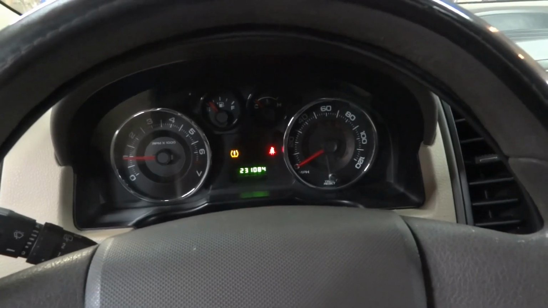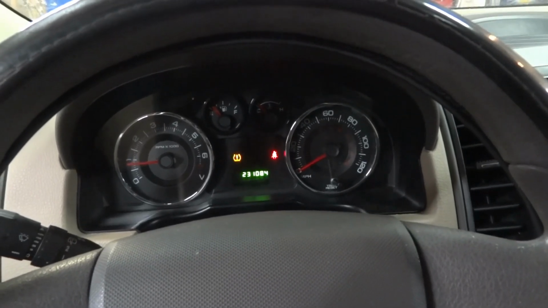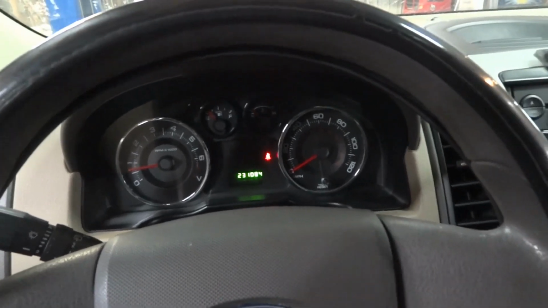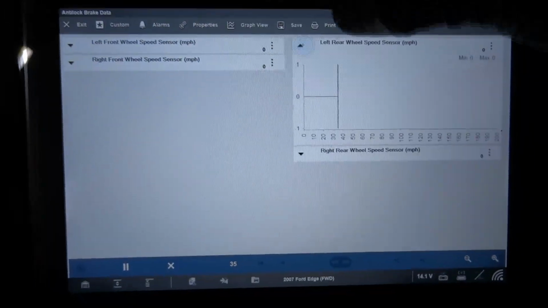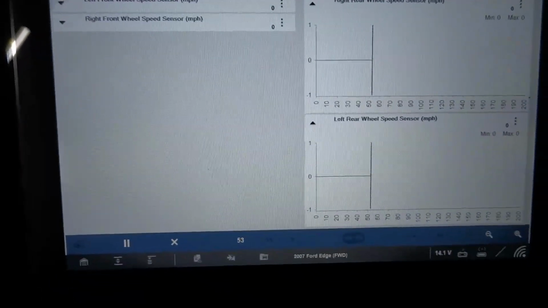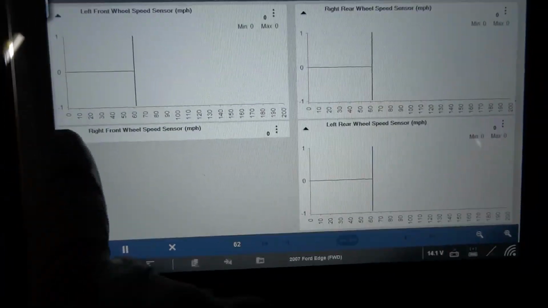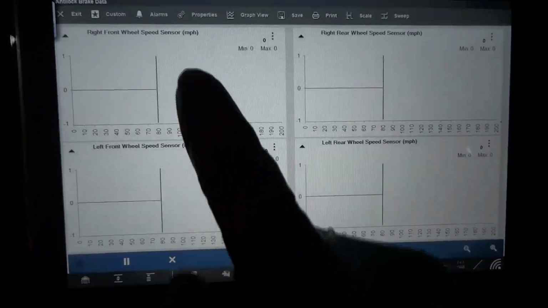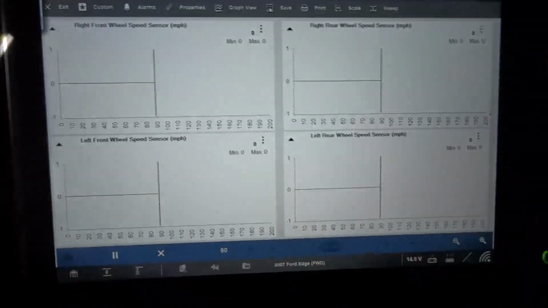So I'm gonna bring up our scan tool here. We're gonna graph all the wheel speed sensors. Okay. And I said we were gonna test drive this, but there is no need. It's getting late here. I'm just gonna go back and forth here inside the shop. As we go back and forth, all these sensors should actually produce a signal. We should see some activity on all the graphs.